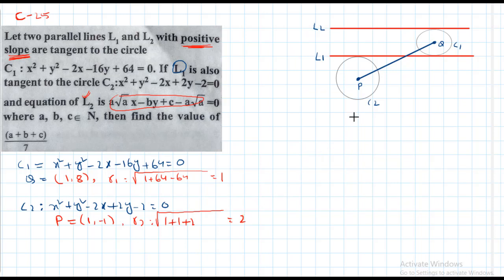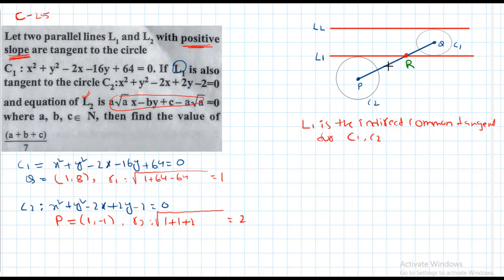Okay, observe here. Here L1 is the indirect common tangent for C1 and C2. This point is an important point for us. I can call this point R. R is the point of similitude.